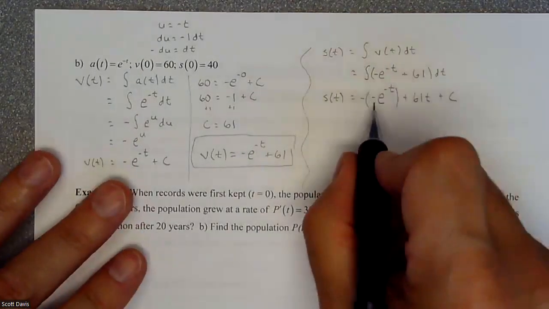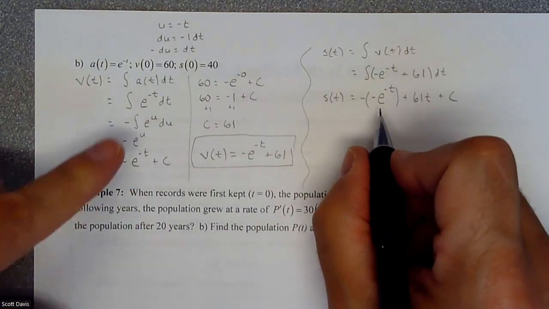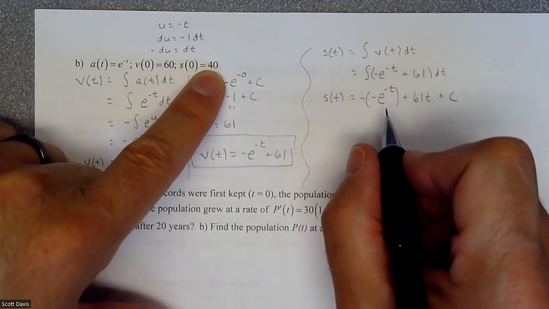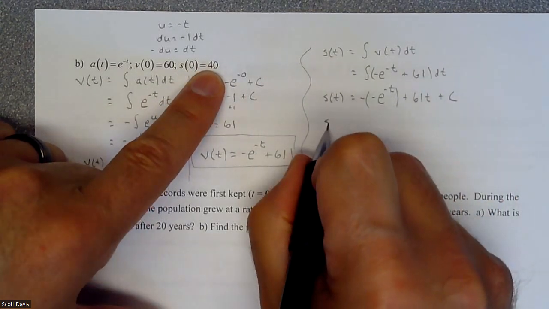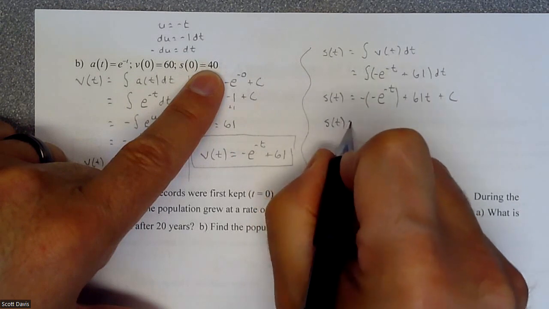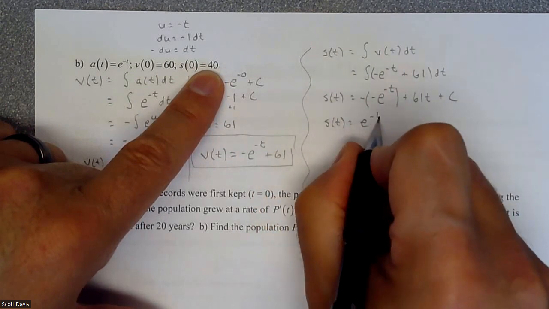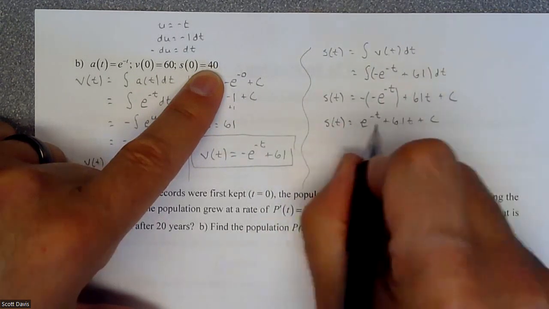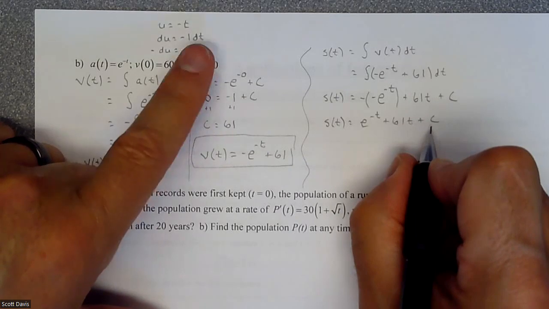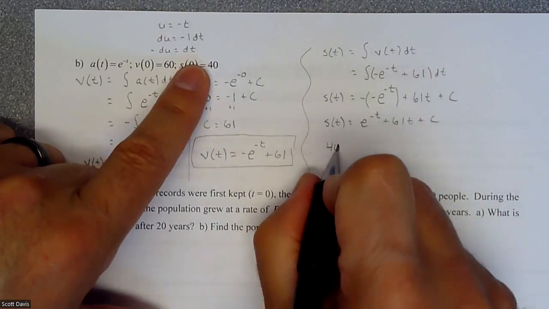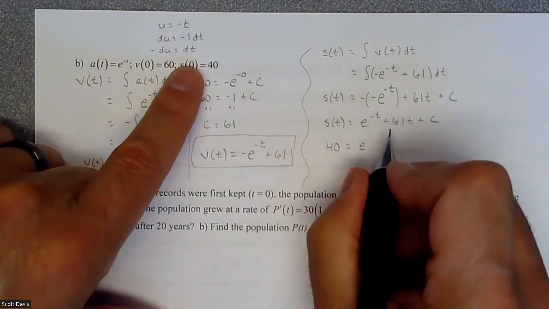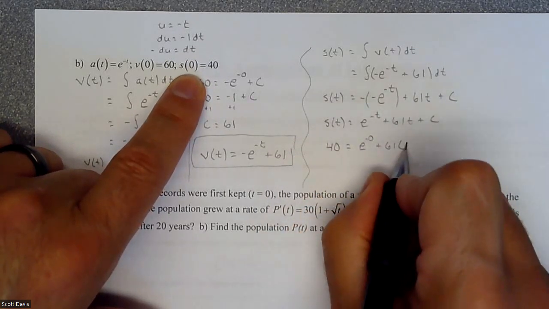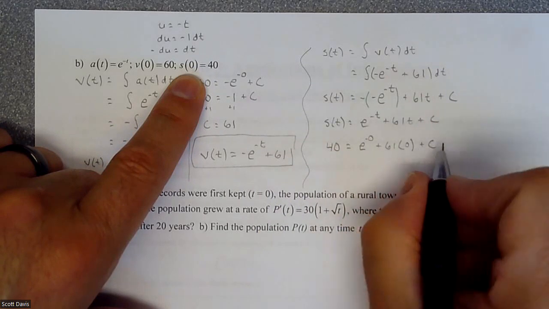So next, let's clean this up. Let's plug in our 0 for t and set it equal to 40. So we're going to have e to the negative t plus 61t plus c. That's almost our position function. Let's use this initial information. So 40 equals e to the negative 0 again, plus 61 times 0 plus c.